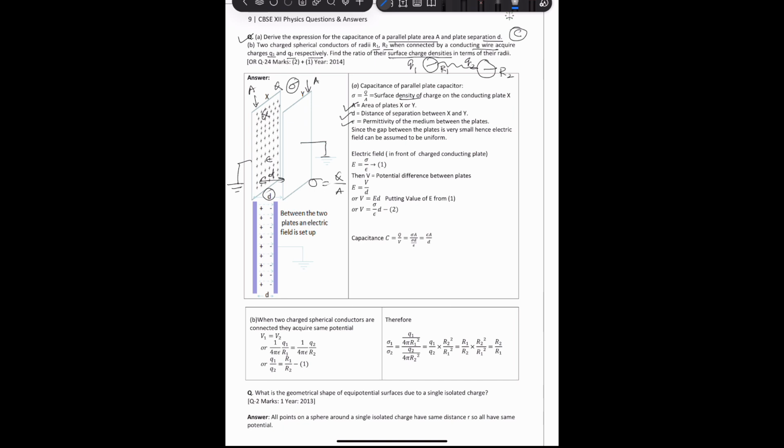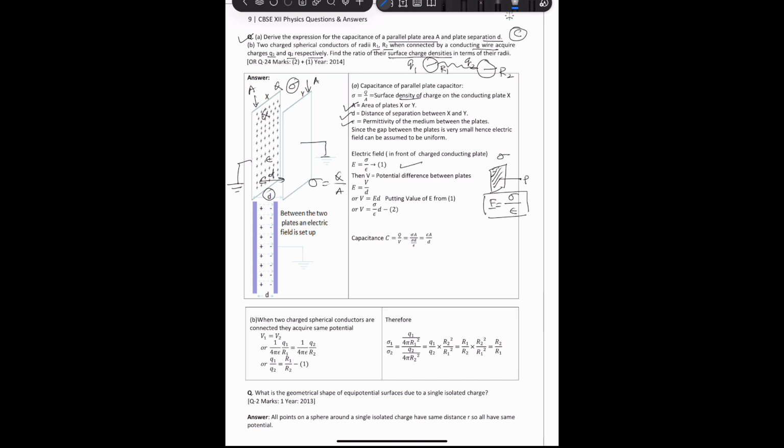Correct. So we have applied Gauss's theorem to find out the intensity at a point due to a charged plate. Okay. Suppose this is the point P. If sigma is the surface charge density, then what is the intensity at this point? As per the Gauss's theorem application, this is the intensity. This we know already by application of Gauss's theorem.